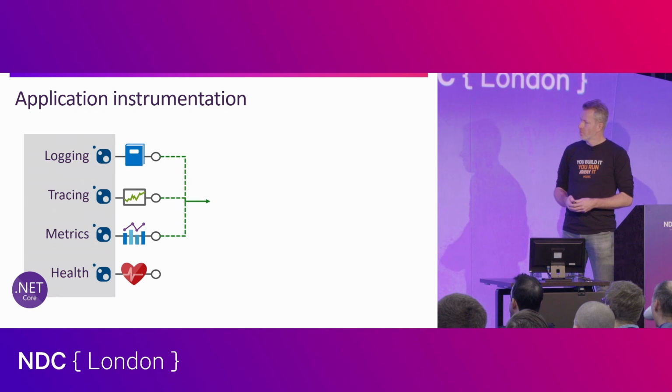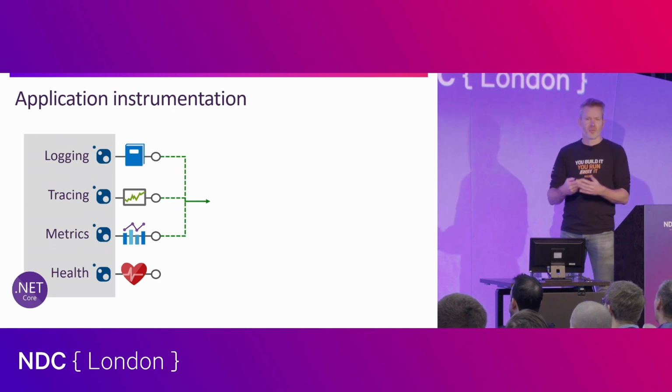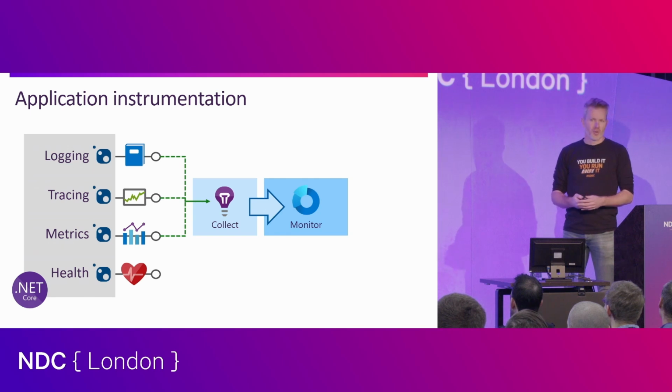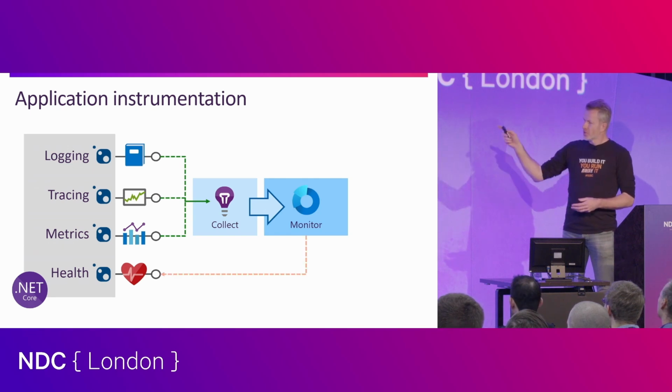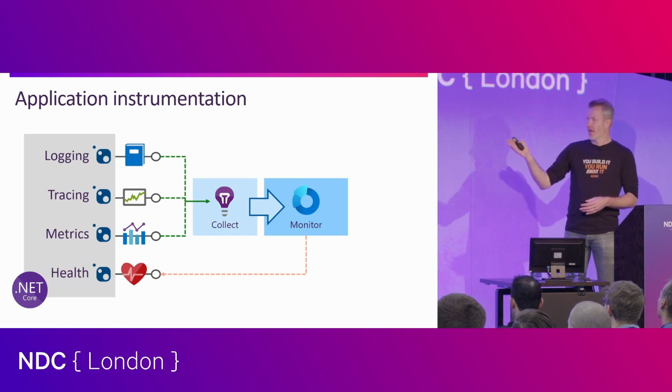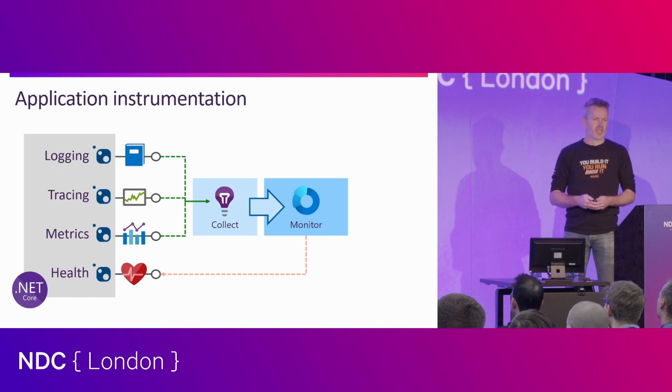With this, how do you get that from your application? Well, the logging, tracing, and metrics are being pushed out, so you need to collect them, and then you monitor them, obviously, like we saw before. But the health information in general, but not always, is being watched. So it's being pulled from a health endpoint. That's like, how is the application doing? Or are you ready to receive traffic, for example?